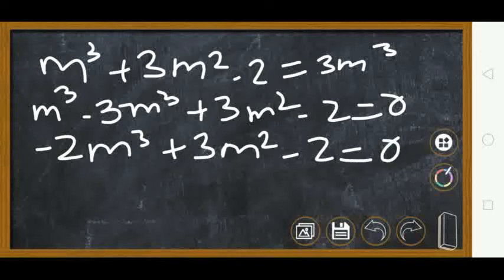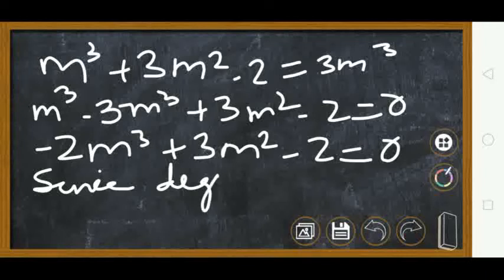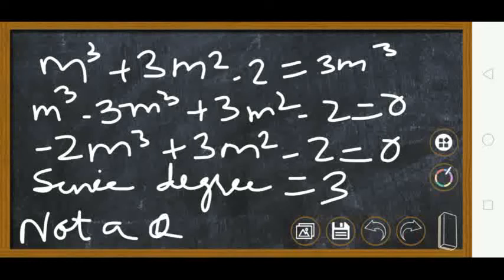So since you are having a cube, you cannot call it as a quadratic. You can write that since degree is equal to 3, it is not a quadratic. Okay. So this will complete your first question.